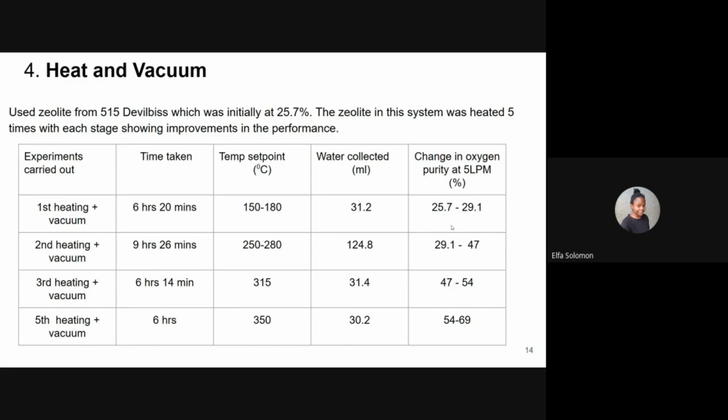After that, the performance increased to 69%. After all these several attempts to regenerate zeolite, by the end of 9 months, we were finally able to regenerate zeolite. The regenerated zeolite has been tested under realistic conditions.